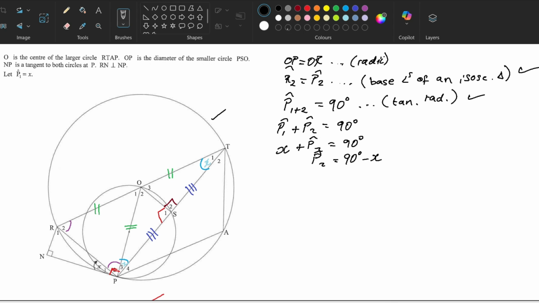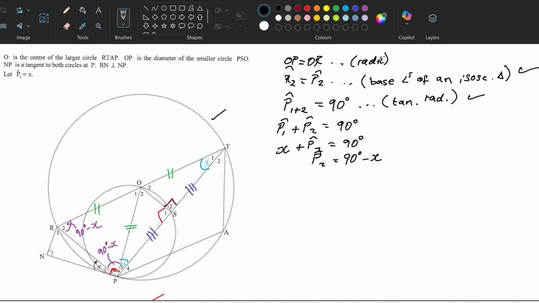So you come to your diagram, guys. Please follow the steps as they are, guys. You are going to say 90 minus X here. And here again, you're going to say 90 minus X, isn't it? So we know that R2 is equal to 90 minus X.